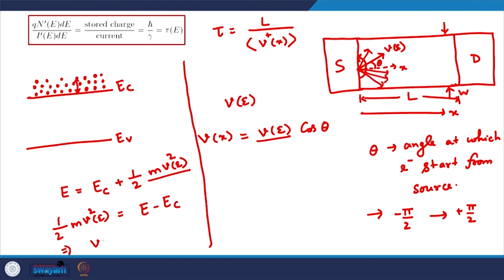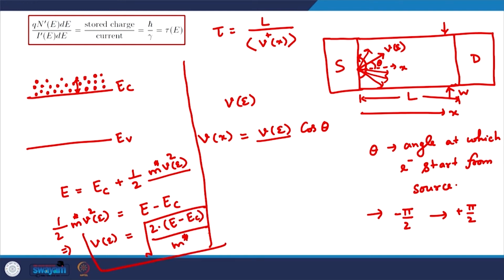This implies that Ve is, please keep in mind that m here is m star, because we are using the classical analog of the electron, we need to use m star instead of m. So, Ve will be equal to the square root of 2 times E minus Ec divided by m star.